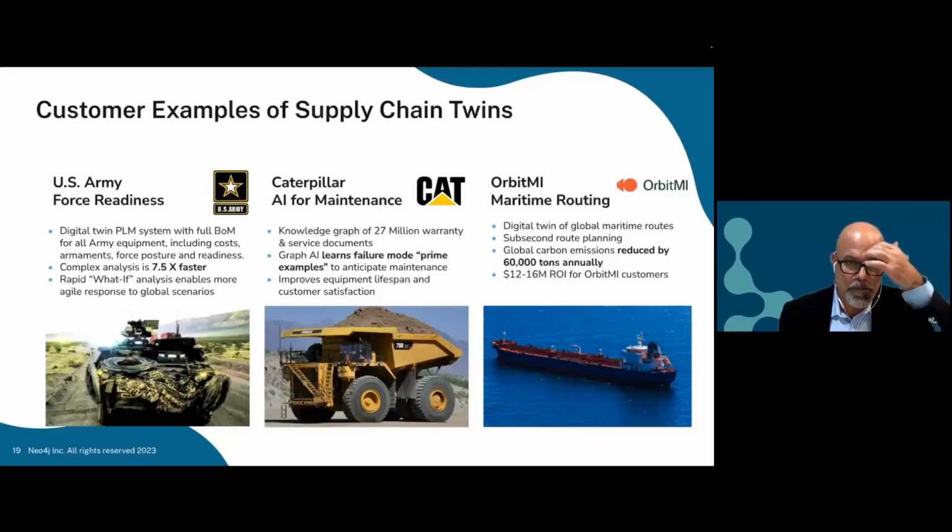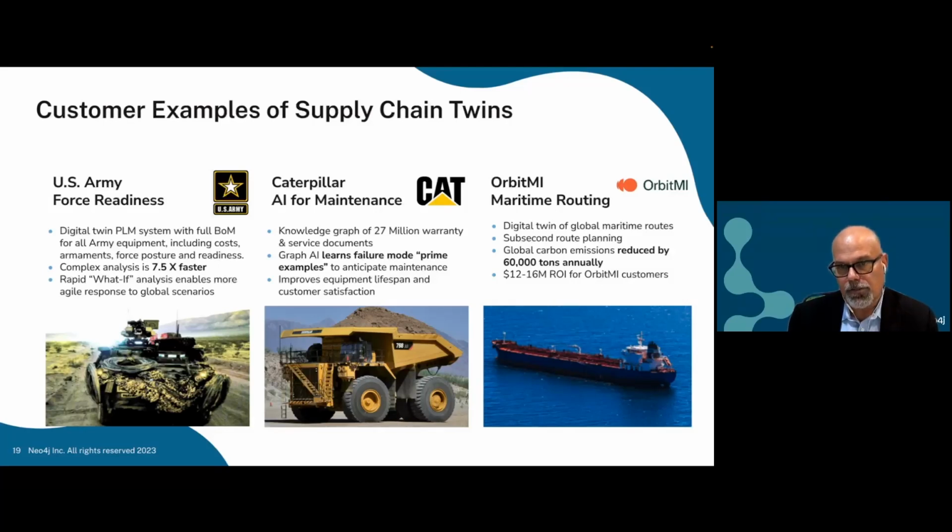We have a number of customers that are building out supply chain graphs. Some notable ones include the U.S. Army, which is running a really large Neo4j graph that has all of the suppliers for all of the material that the Army puts into the field globally. They're using this for analytics and simulations.